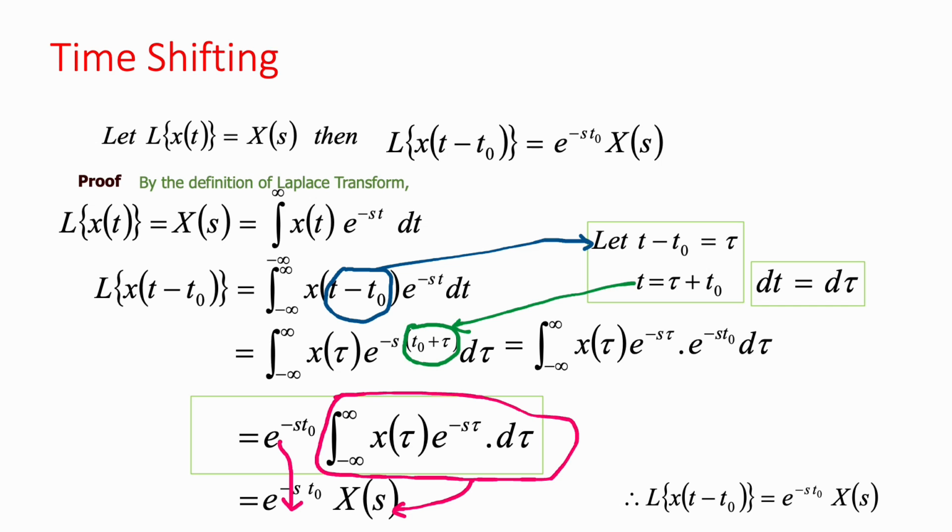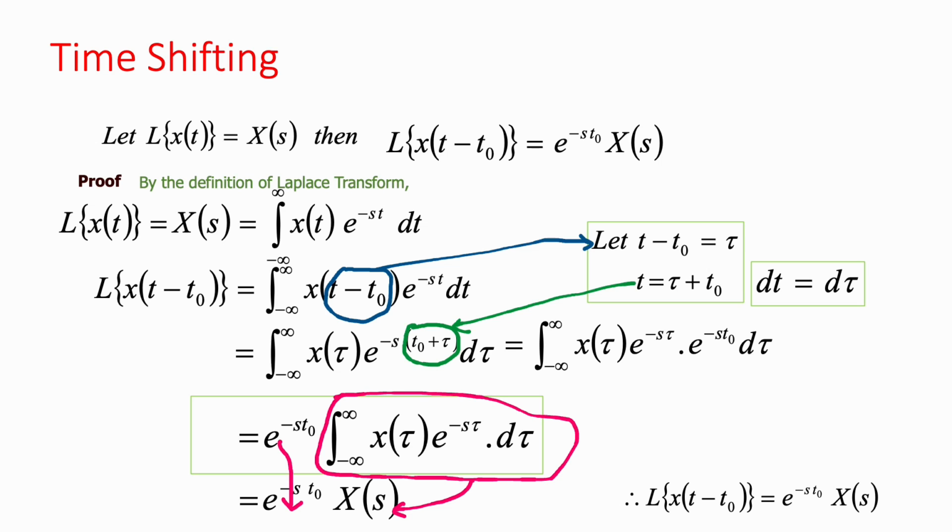Now, wherever x of t is present, that can be replaced by x of t minus t naught. Now let t minus t naught be taken as another variable, tau. Now t is equal to tau plus t naught. Differentiating with respect to t, dt is equal to d tau, because t naught is a constant and becomes 0 while doing the differentiation.